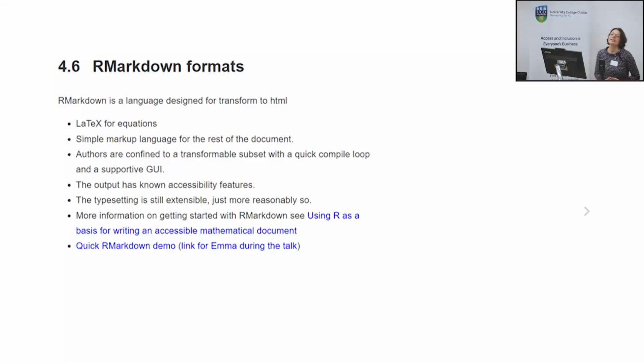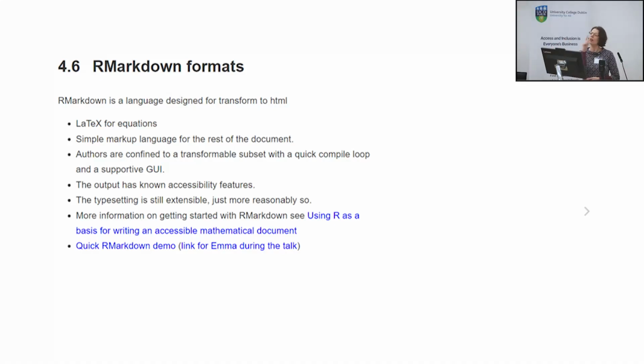They chose instead, I think for their own sanity, to move to a Markdown format. Okay? So Markdown is a language designed for transform to HTML, to a web format. So it has guide rails. It's going to be really much harder to fall out of the transform.